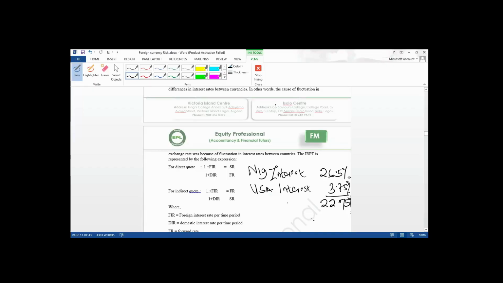According to interest rate parity theory, Naira is expected to depreciate by 22.75% relative to dollar.